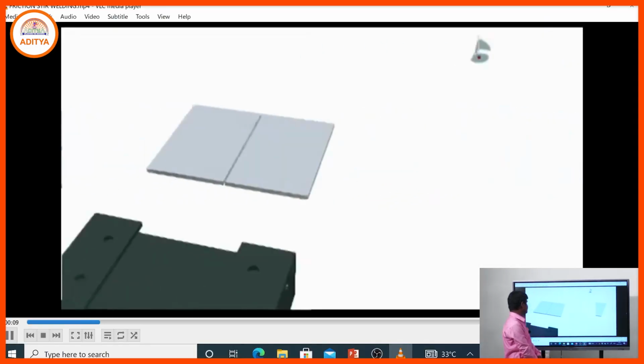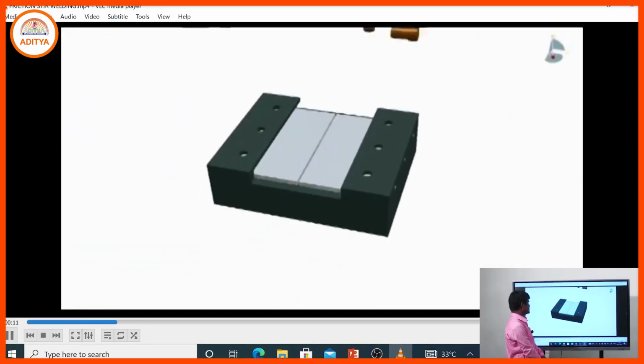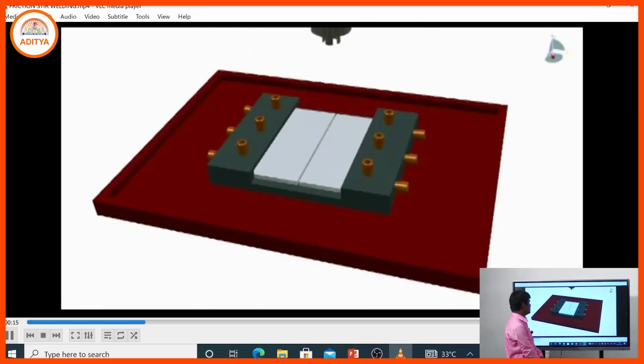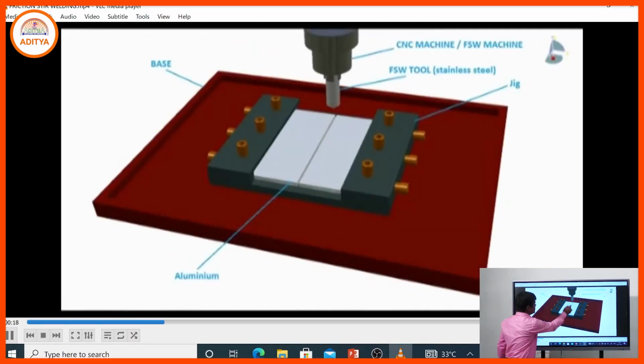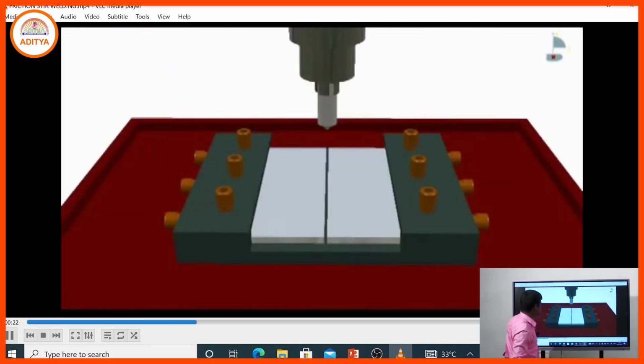In friction stir welding, here we see the clamping device, and using the pin in that clamping device we hold the metal plate properly, and that is the retracted tool.